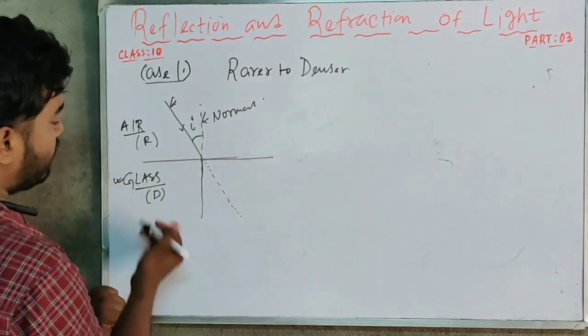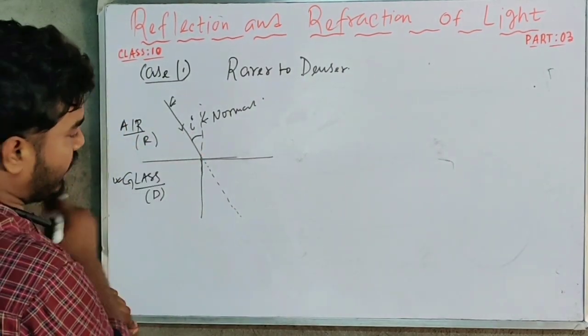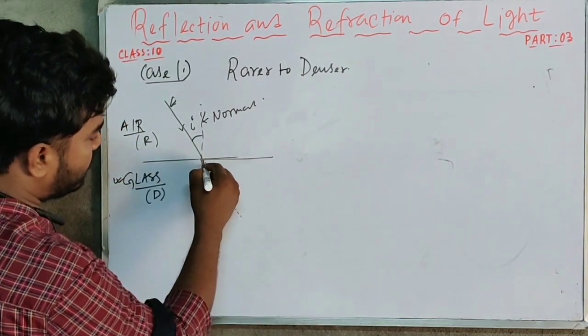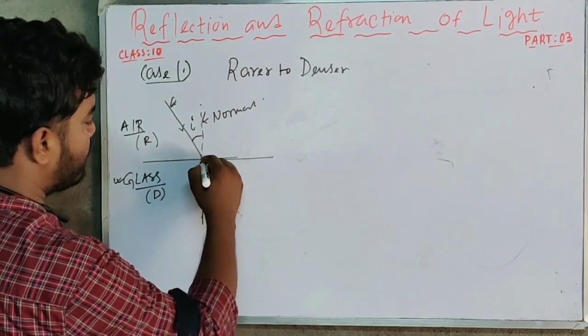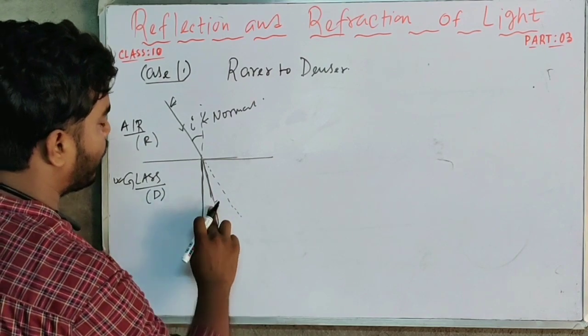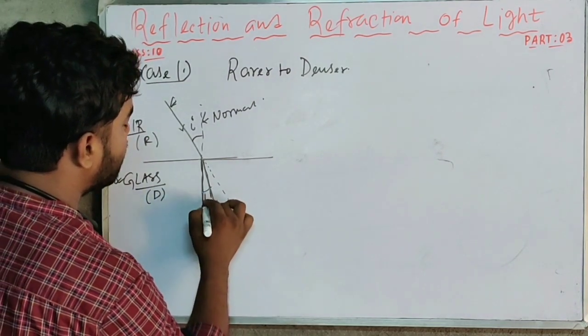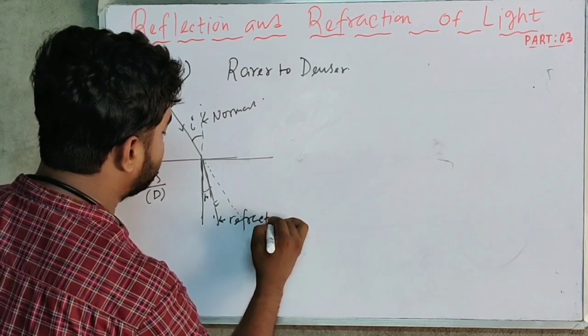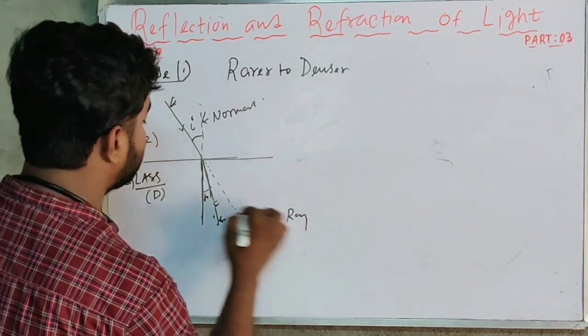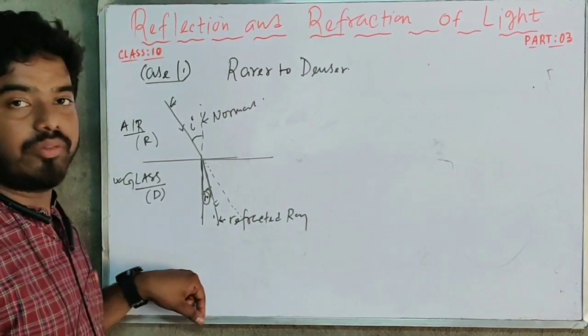But if light travels from rarer to denser, it will bend towards the normal. This is the normal. The light bends towards the normal. Clear? This is the refracted ray, and this is the angle of refraction.